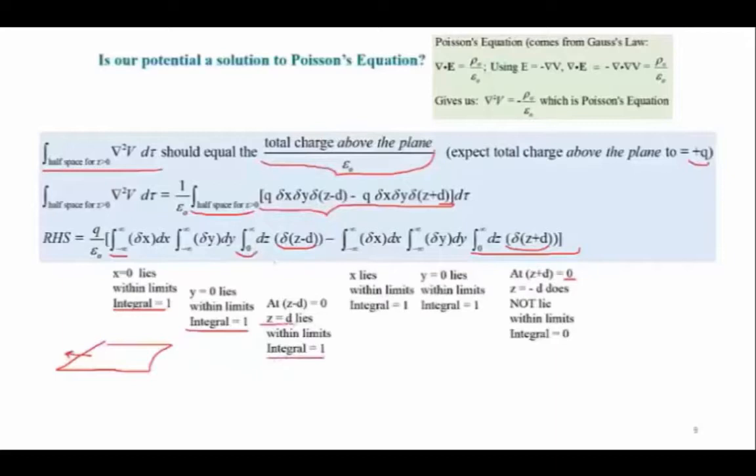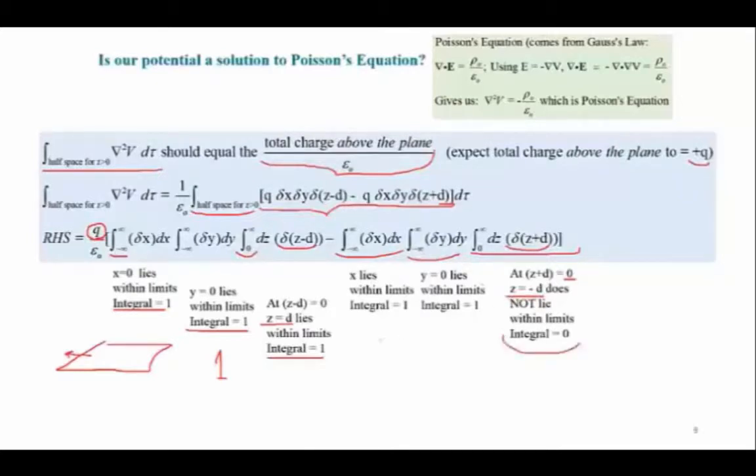So the integrals all give you a 1, and that's times plus q. This one gives a 1 and this gives a 1 because they're exactly the same. This other one cannot be a 1 because you can't reach the case where z equals minus d. So within this integral, you get a 0.